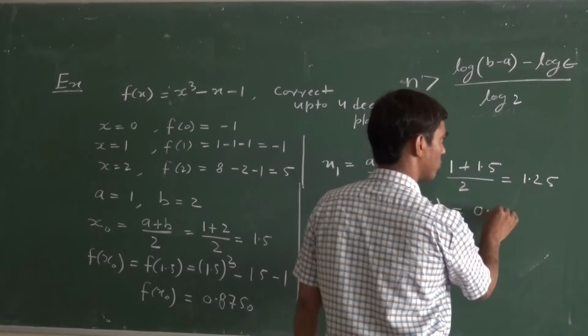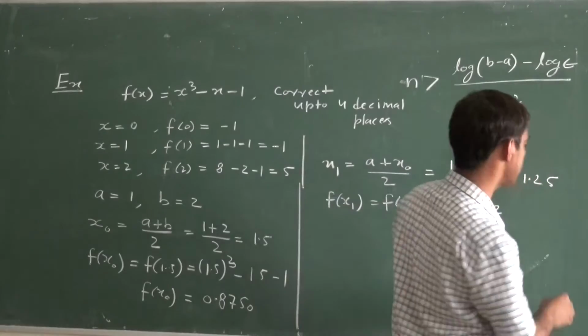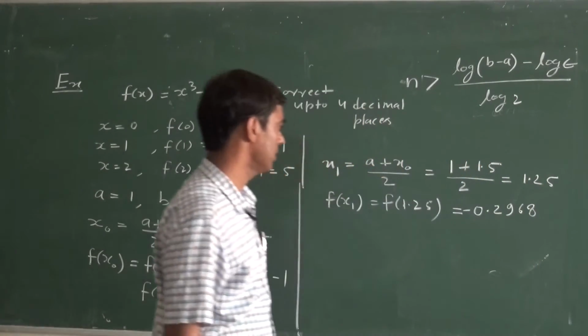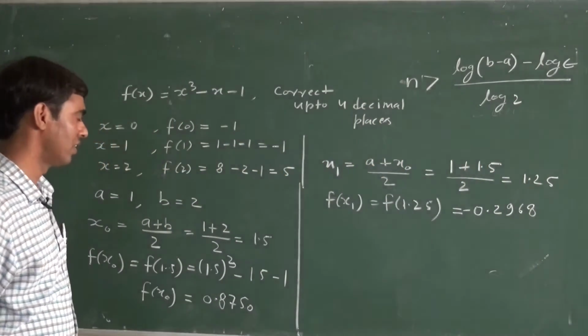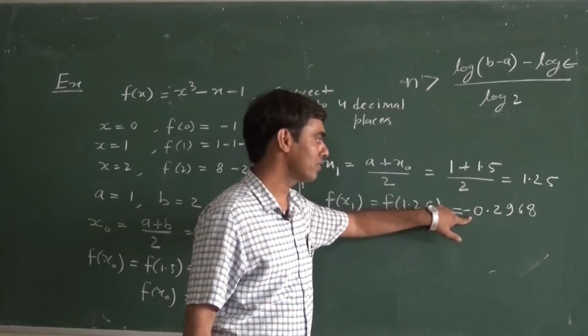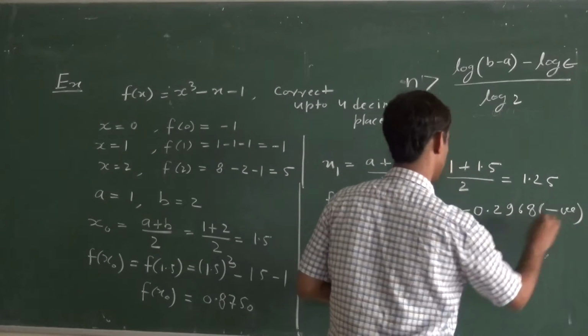The value of the function at this point is minus 0.2968. Now at x1, what is the value of the function? The value of the function is negative.